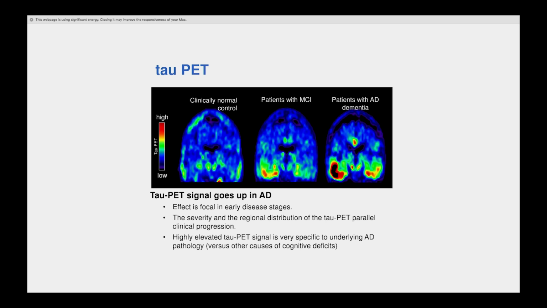However, in Alzheimer's disease, it is actually incredibly specific, and that's primarily because there's a really high signal of tau in the parts of the brain that are affected by Alzheimer's disease that I showed you earlier: the hippocampus, the seahorse, the parietal lobe, the temporal lobe, etc. So it's still being refined, but it's a very promising technique.